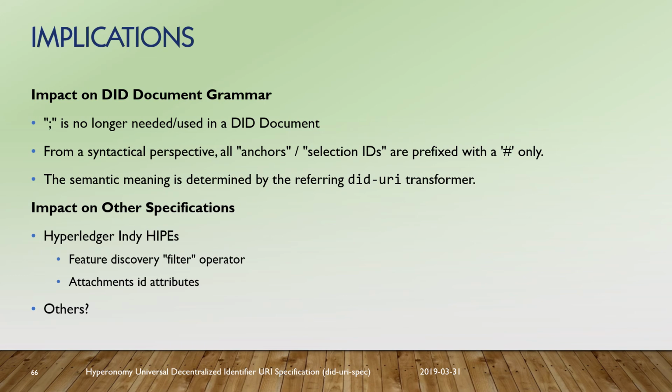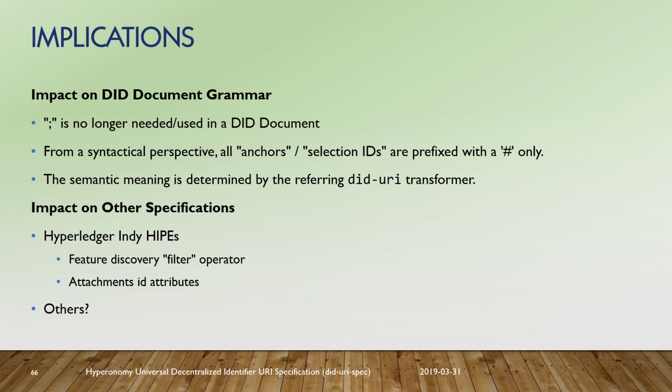Impact on other specifications. As we use these other specifications to learn more and more about the lower level did URL use cases, there's potentially a reverse impact, for example, that semicolon business, where we come back to those projects and say, well, here's the did URL spec.